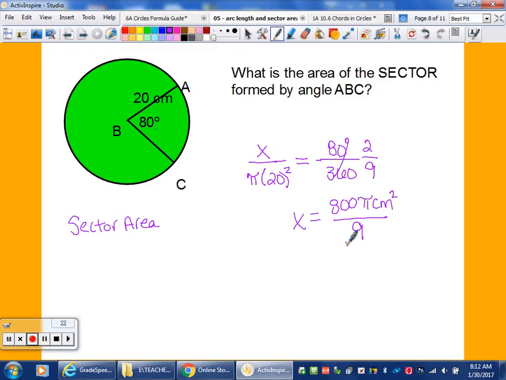Divide by 9. I would just leave it at 800 pi over 9 centimeters squared because, remember, we want to keep it in terms of pi. I cannot reduce this at all, so it'd be 800 over 9 pi centimeters squared.